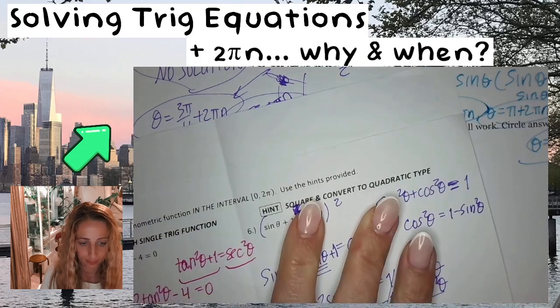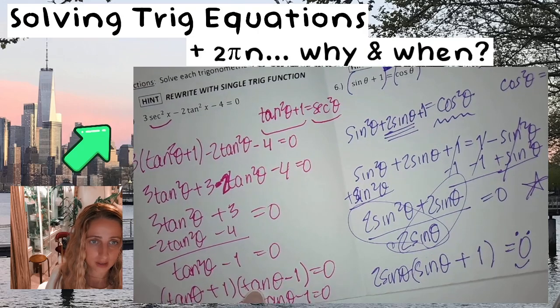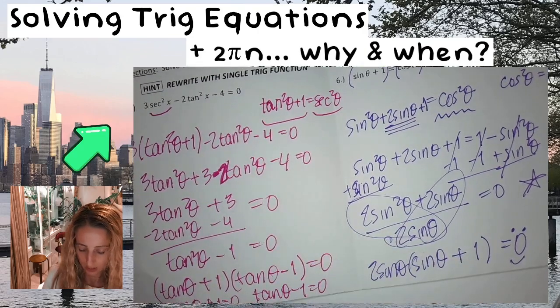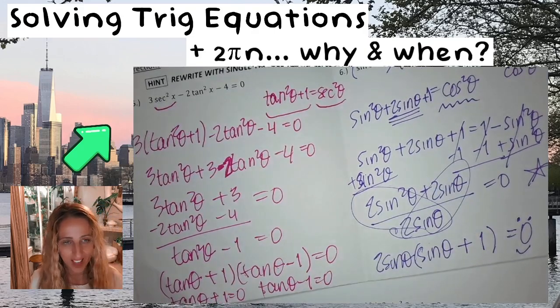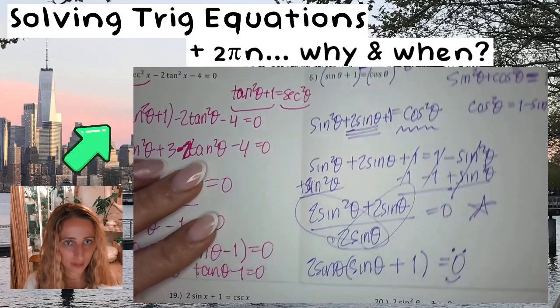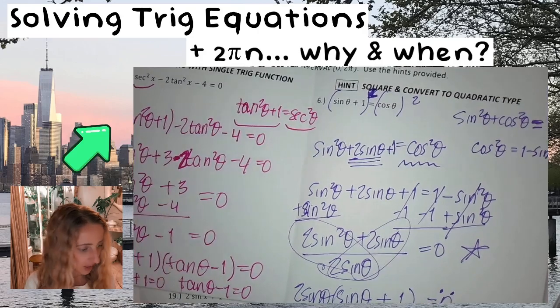Number 6, I made it a big point of squaring both sides, right? I continued that on a piece of scrap paper. Can't even tell you where it is. But we were supposed to check for extraneous solutions, and I didn't. I never checked. I said it 100 times, and I never did it.